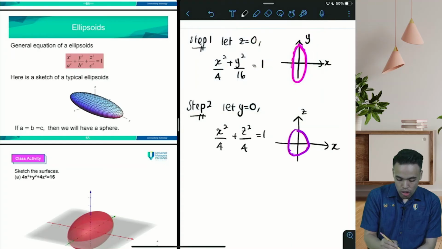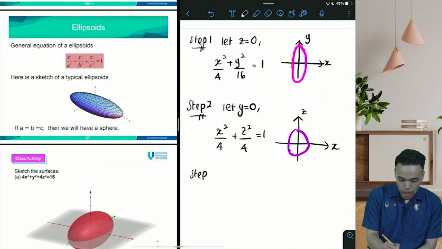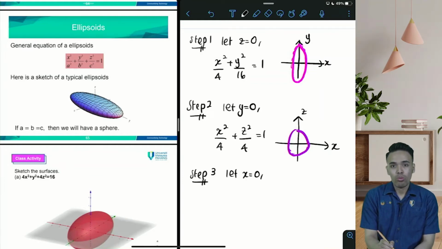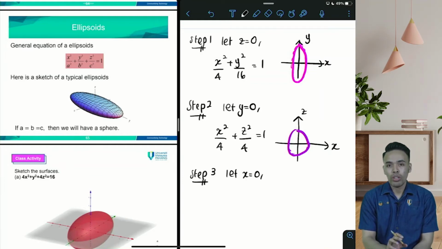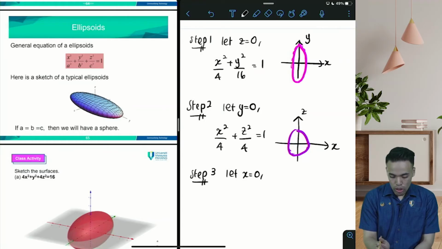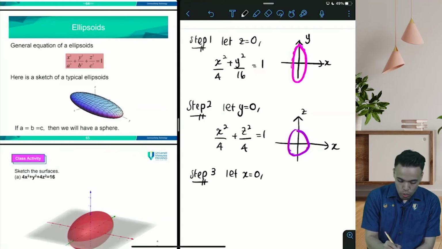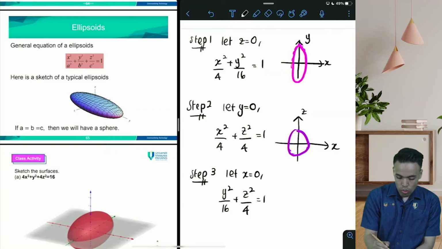And then let's continue with step number 3. You have to let x is equal to 0 because you want to observe your surface from 3D onto the YZ plane. That's why you let x is equal to 0. So when this happens, you will get y squared over 16 plus z squared over 4 is equal to 1.